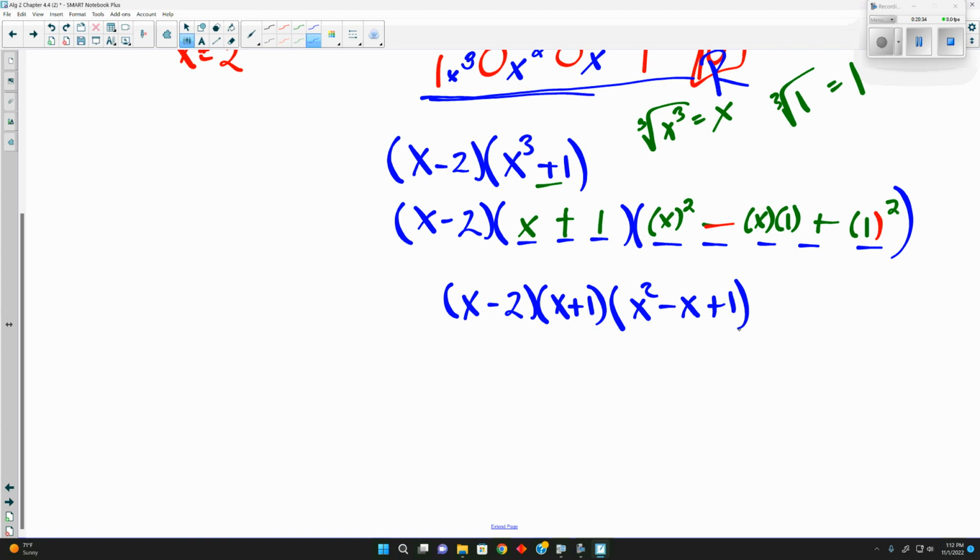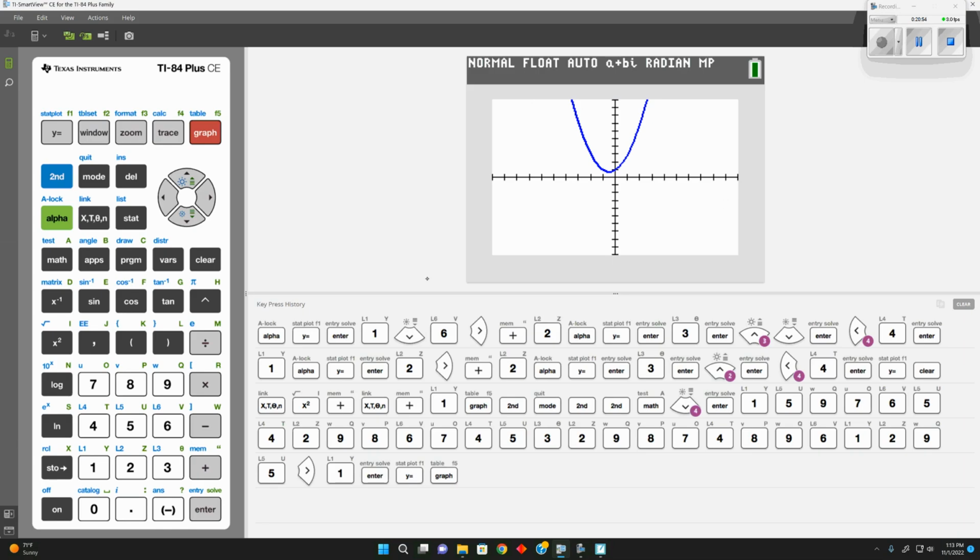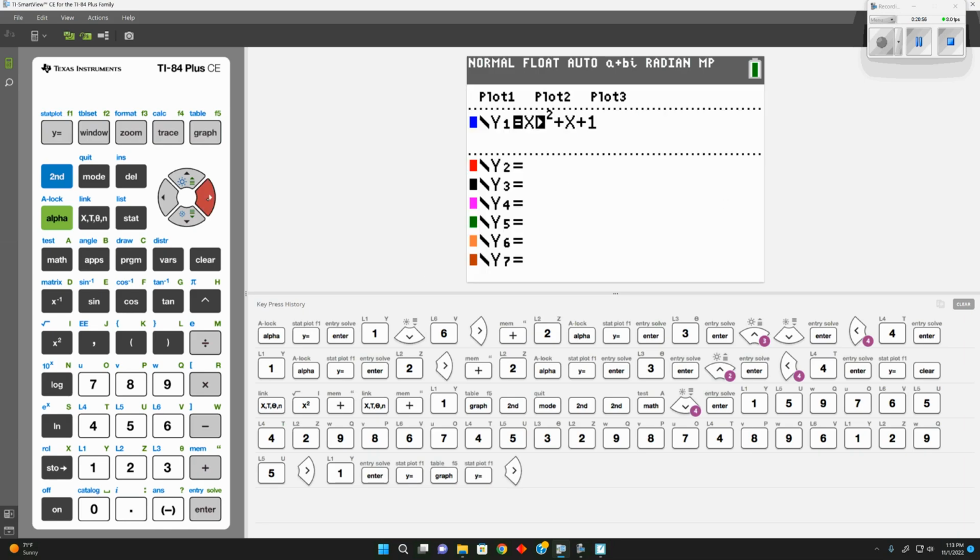Questions on this here? And that there is, again, as far as it goes. Now we could look at the graph of this here, which is really just changing it to minus x.